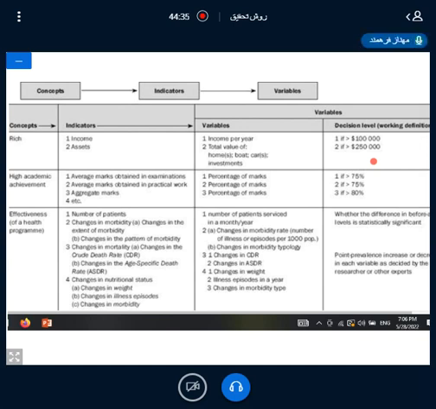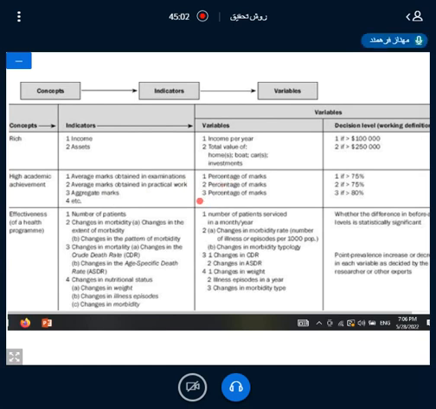$100,000. For example, another example you can see here for high academic achievement. The indicators will be average marks obtained in examinations, average marks obtained in practical work, and aggregate marks, and so on.